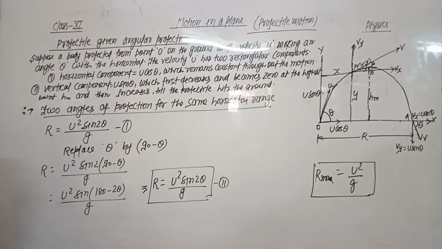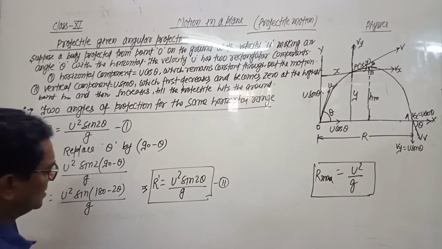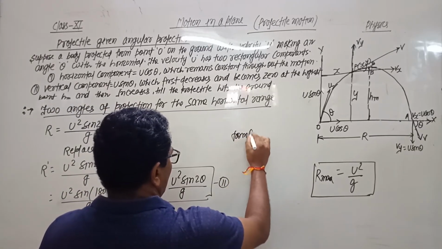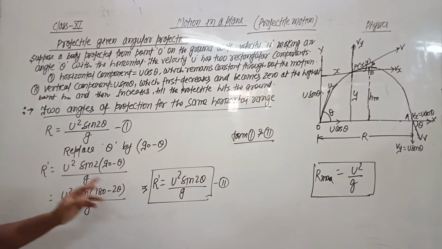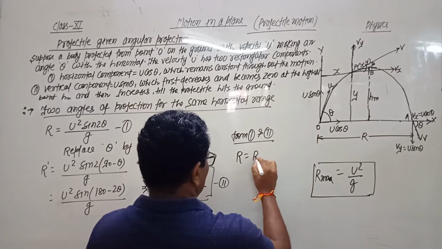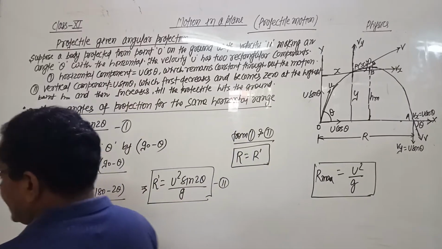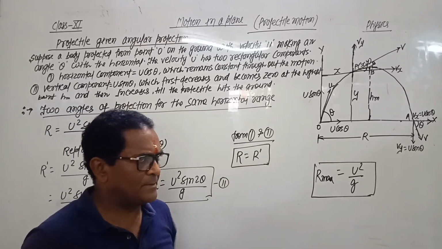So from both the angles, replacing theta by 90 minus theta, name it R dash. So from the first and second, we conclude that the RHS of both expressions are the same. Then we can say that R equals R dash. So when the angle is theta degree and 90 minus theta degree, the range which we obtain will be the same.